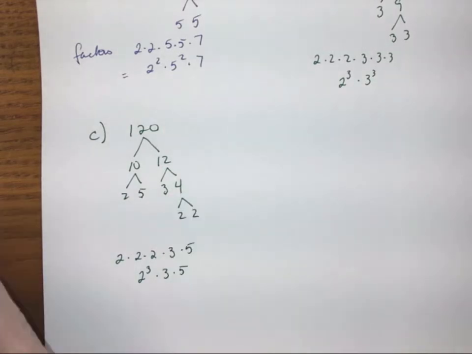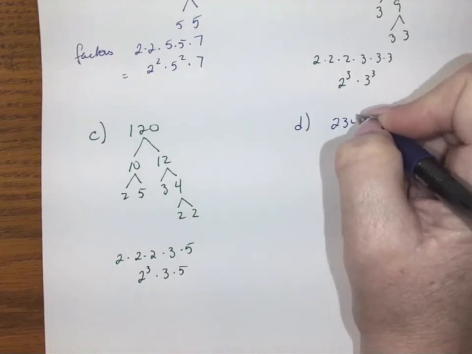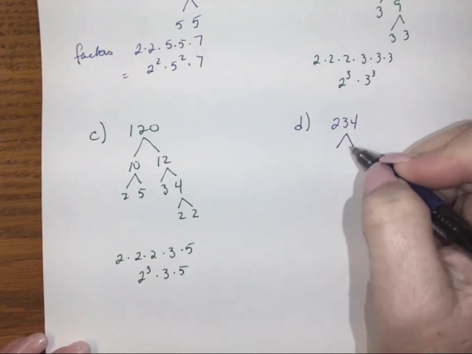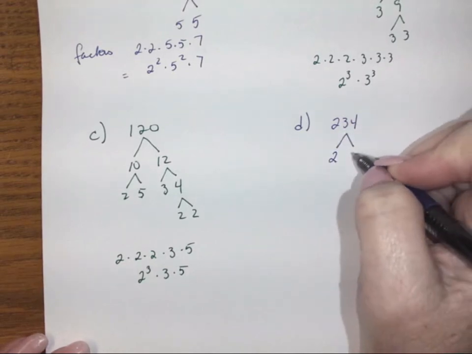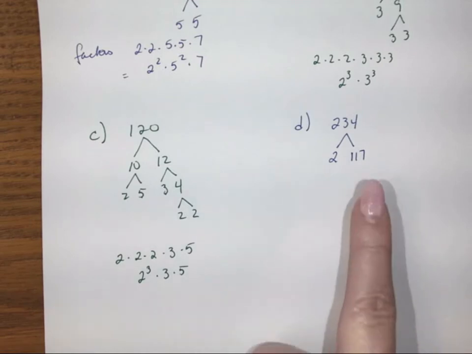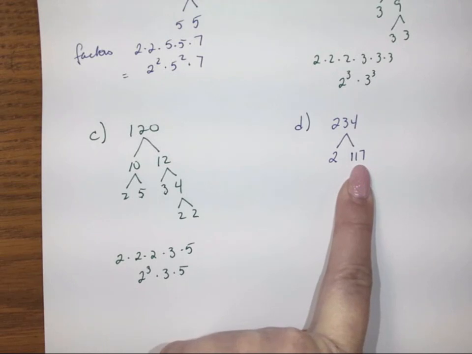All right, let's look at one more. We've got 234. Again, I don't know what it divides by, but it divides by 2, and I get 2 times 117. Well, I'm not sure what 117 divides by, so if it doesn't divide by 2, try a 3.